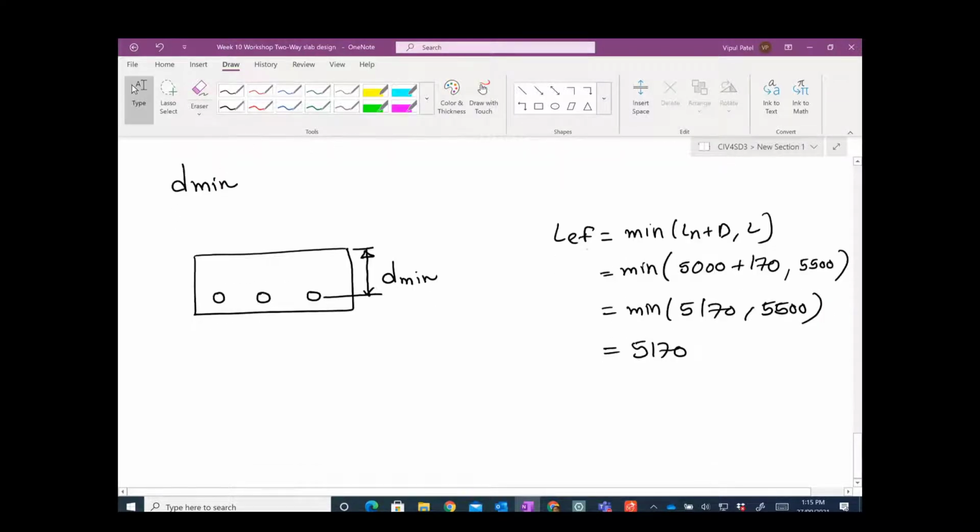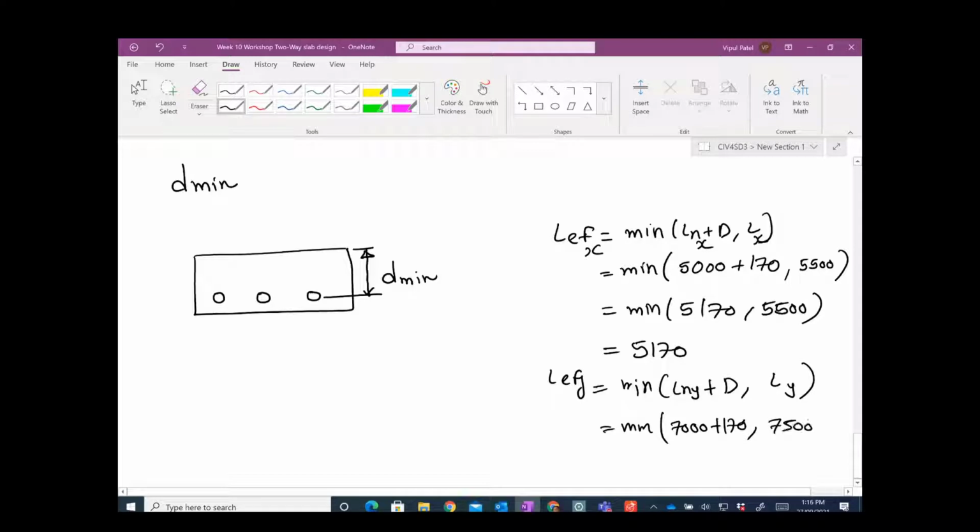If you want to calculate L effective X, and if you want to calculate on the other direction, again you can put here the minimum of Ln plus D, with D the same, and you put Ly. Here you have Lx, so the minimum of 7000 plus 170, Ly was 7500, so the minimum of 7170 or 7500.